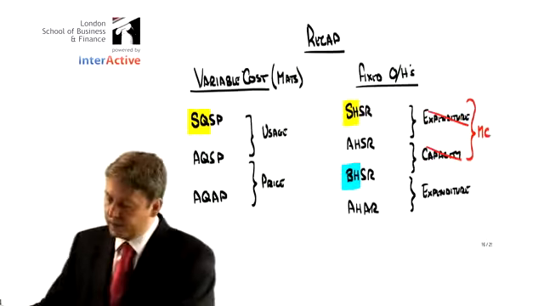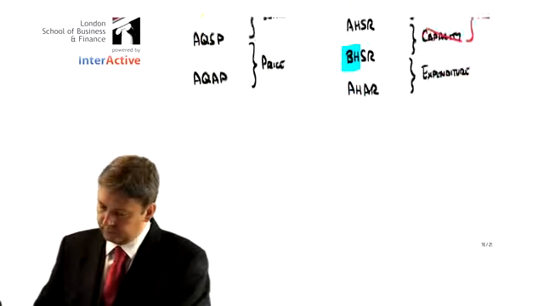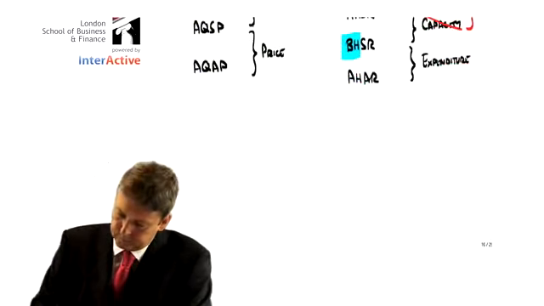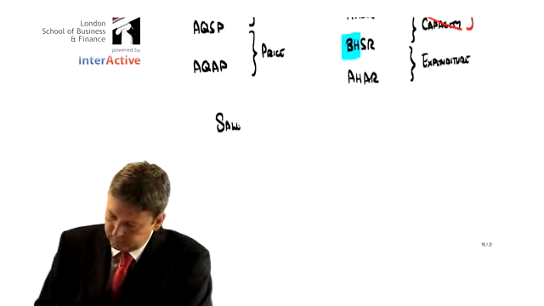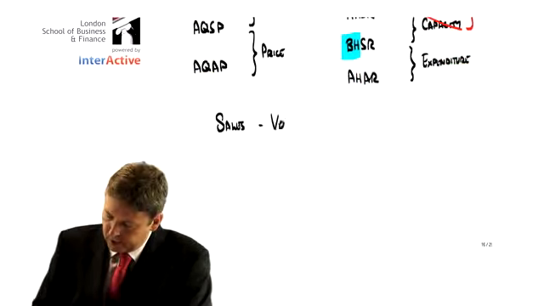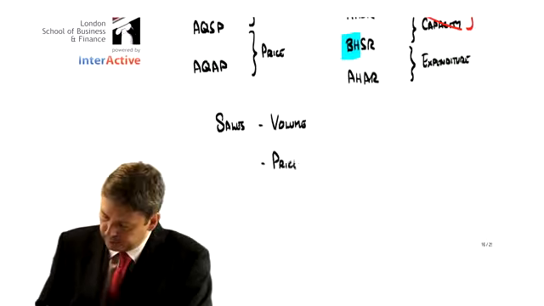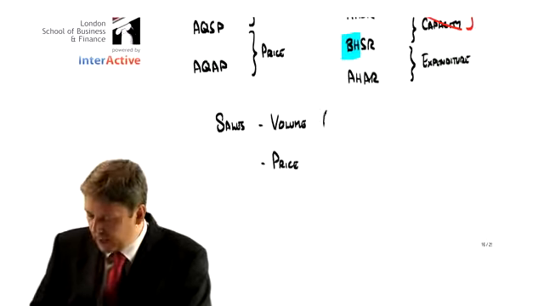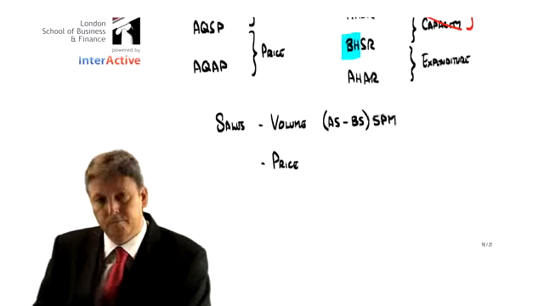Then we look at our sales variances. We have sales volume and we have sales price. Sales volume, we said, was actual sales minus budgeted sales, multiplied by the standard profit margin.